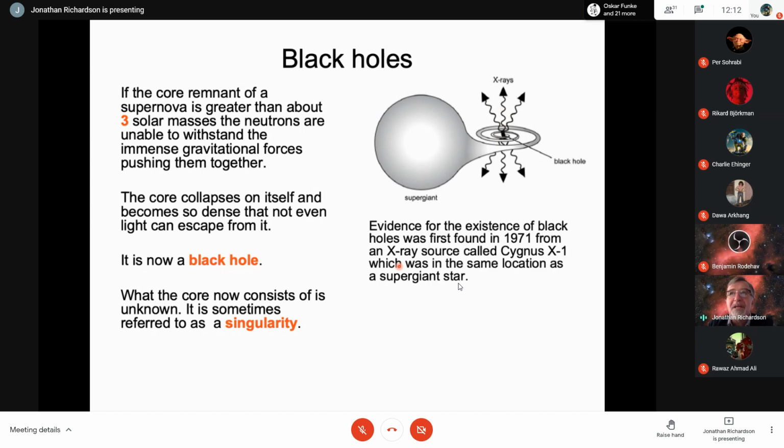The first black hole was found in 1971 when an X-ray source was detected in the constellation Cygnus, the X being the depiction of X-rays, and 1 for it being the first such source. So Cygnus X-1 was the first observed X-ray source that was in the same location as a supergiant.